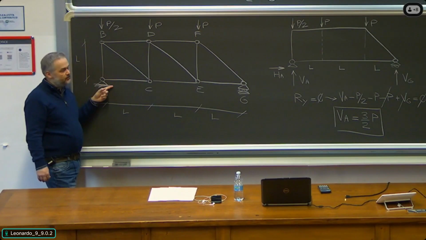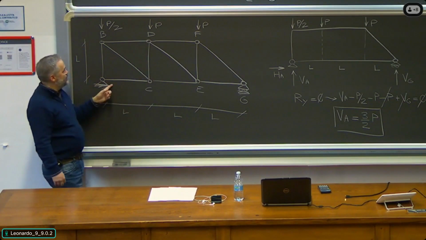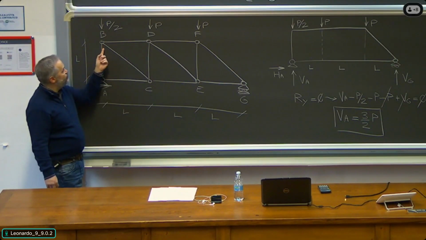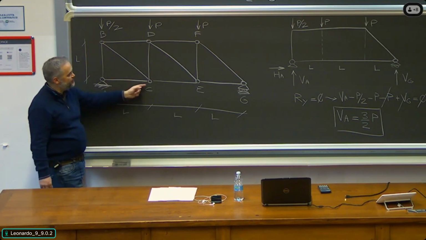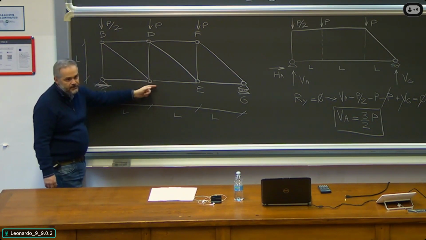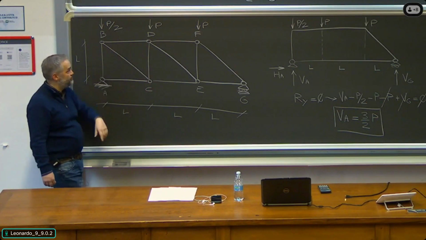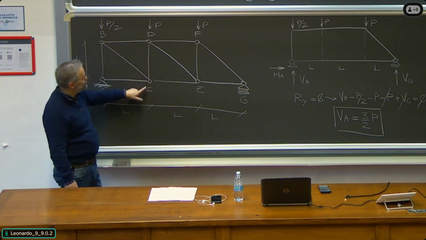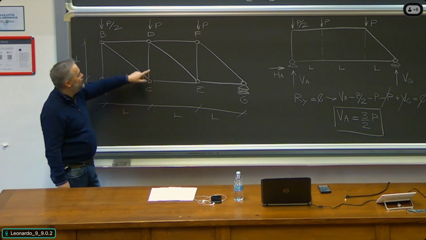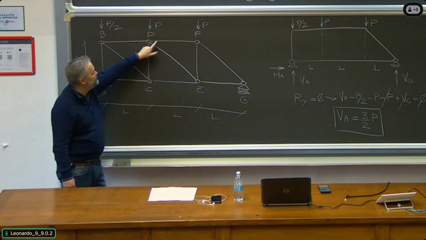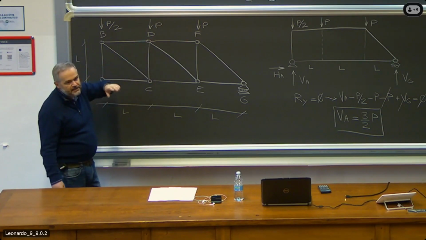Besides, as I pointed out, node A is also easier than node G. Then we had 2 choices. Here at B, we have 1, 2, 3 members. In C, we have 1, 2, 3, 4 members. So the obvious choice was to move to B. Now from B, we could go to C, again 4 members, or D, 1, 2, 3, 4 members. It's the same.